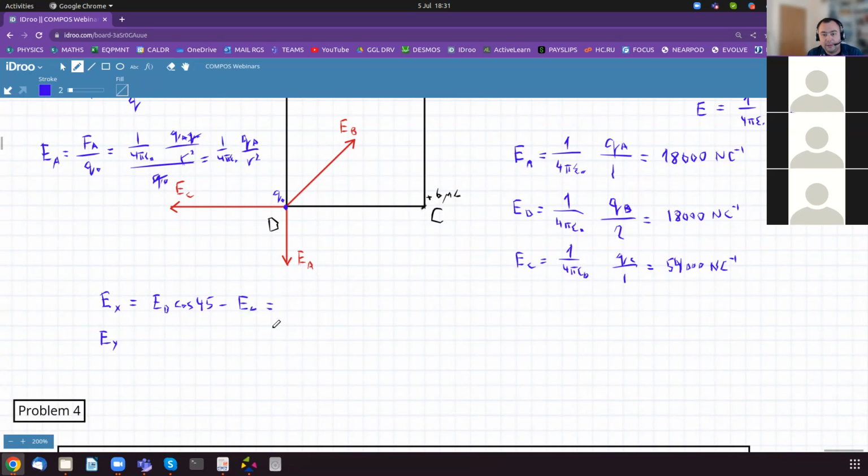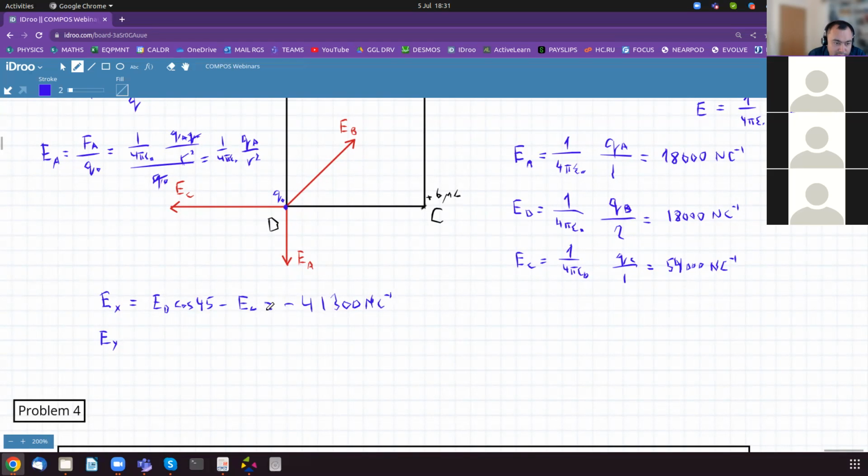So that's going to be 18,000 cos 45 minus 54,000. So it's going to be minus 41,300 newtons per coulomb.